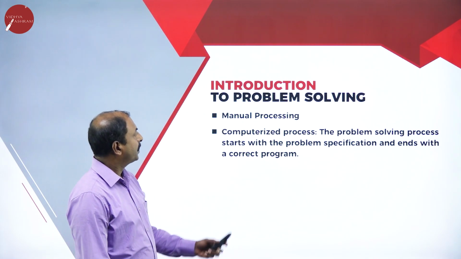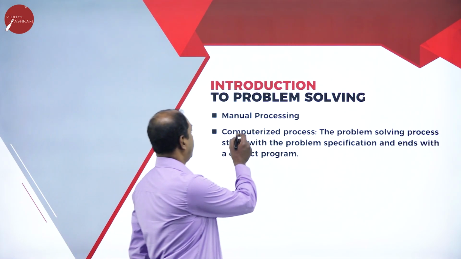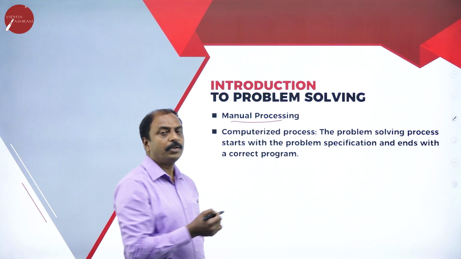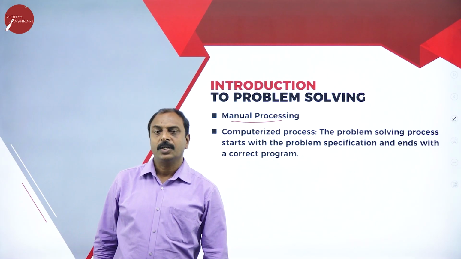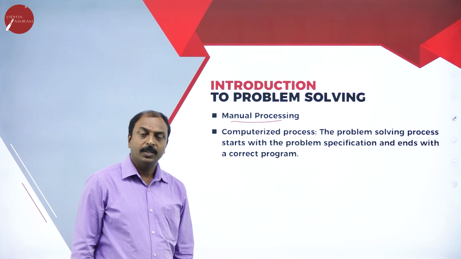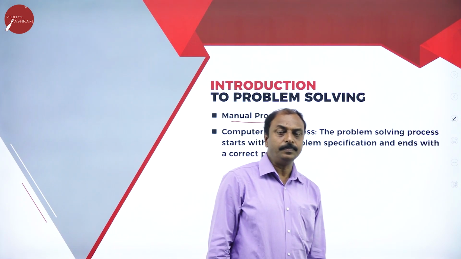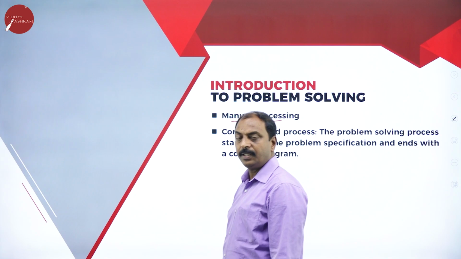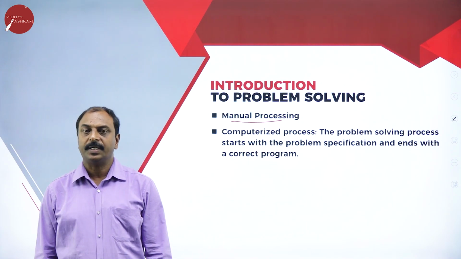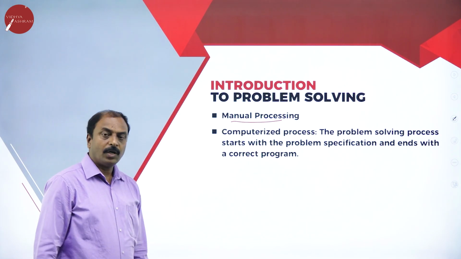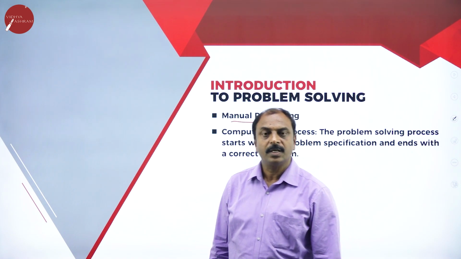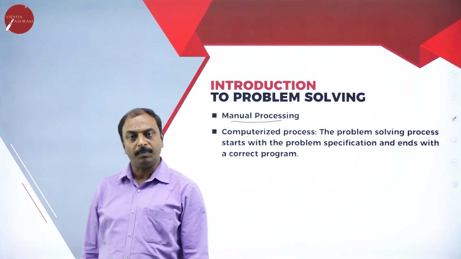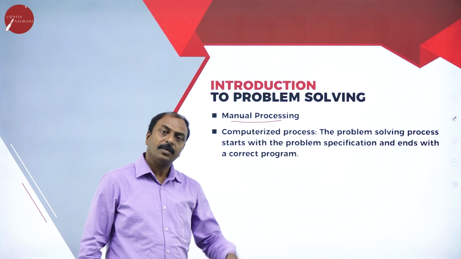Now let us see. The first one is manual processing. This is manual data processing, or solving a problem manually. What is the meaning of that? Before the era of computers, before we used computers in our day-to-day life, all different types of work were carried out by human beings, that is manual data processing.